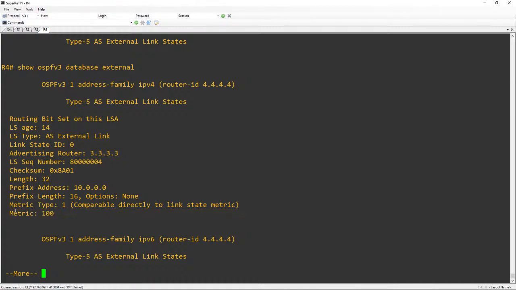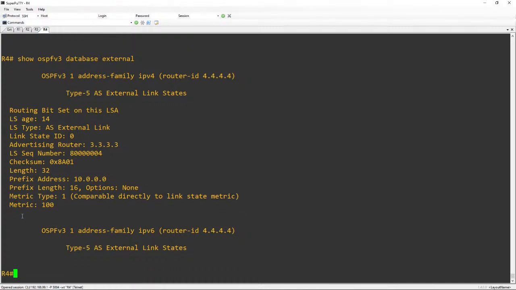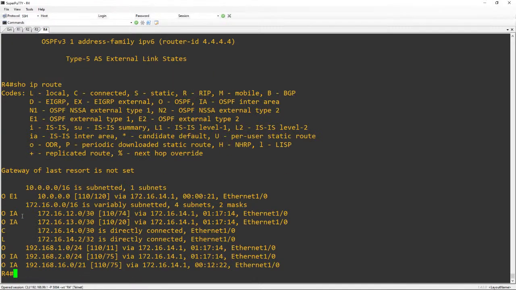The seed metric is 100, but if I do my routing table, you can see it comes in as an E1, but the metric is incrementing. So the costs of the links along the way are being added to the initial cost that's being sent in by OSPF. That's the difference between E1 and E2. E1, the metric increments, E2, it doesn't. We only have one ASBR originating that prefix, so there's really no need to send it in as an E1.